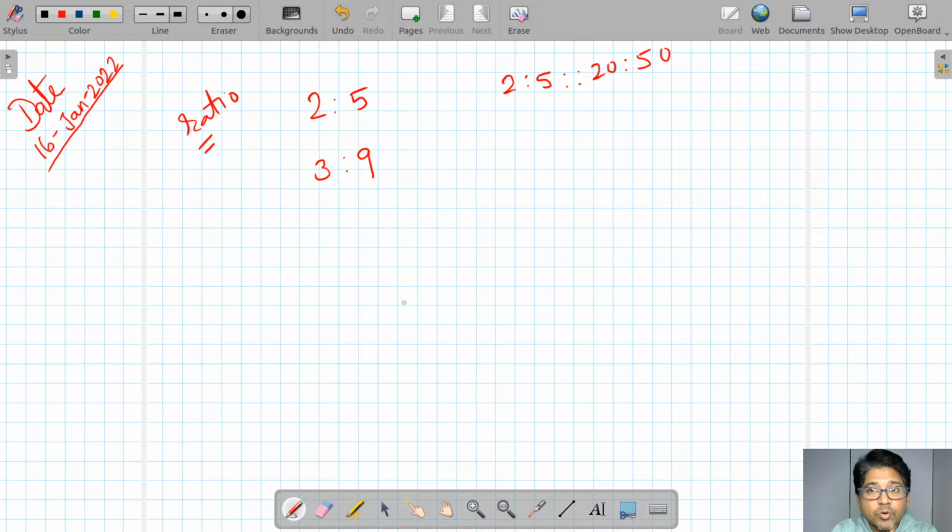They are in proportion because these two ratios are equal. So we use the equation like that. Ratio is shown as is to, and proportion shows in this form. These two ratios are equal, they are in proportion, and the proportion symbol is this.